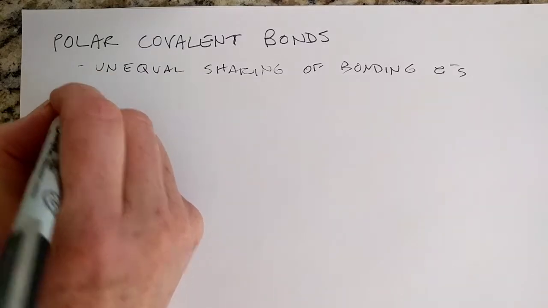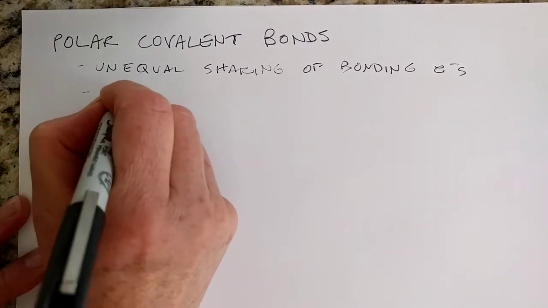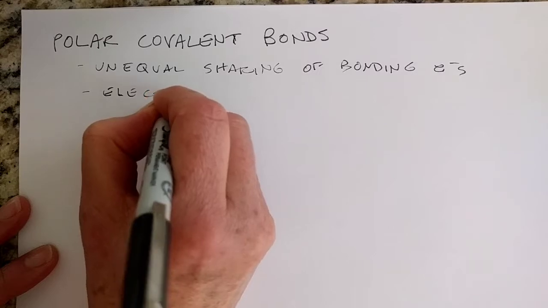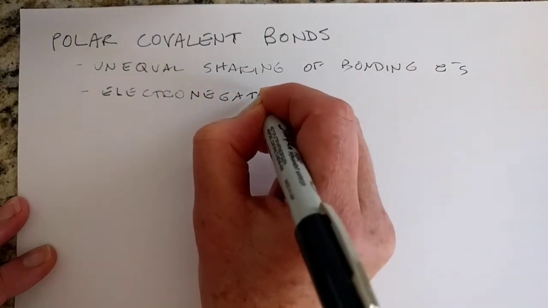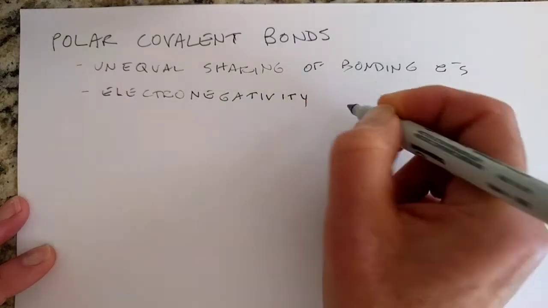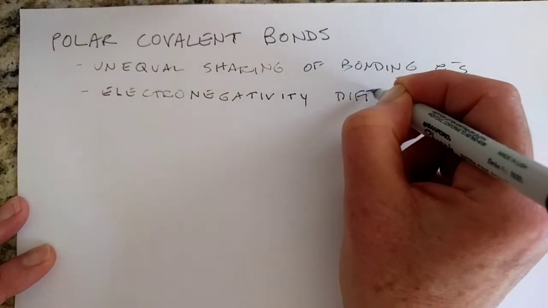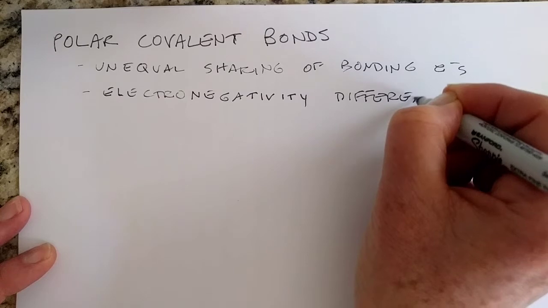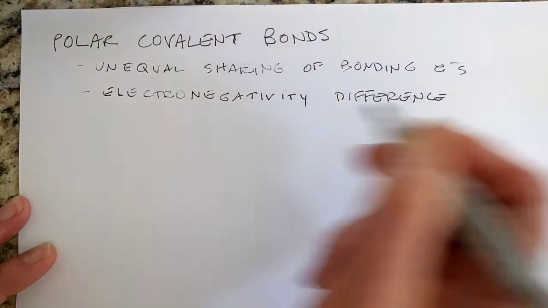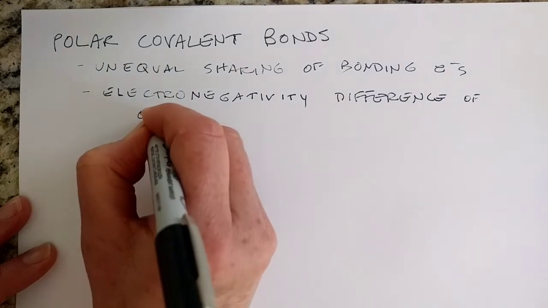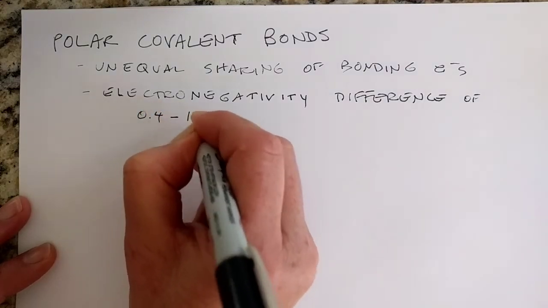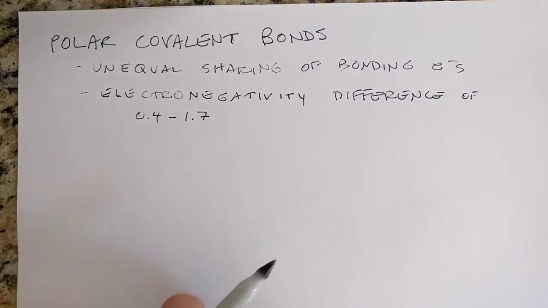And for this bond type, we have an electronegativity difference of 0.4 to 1.7.